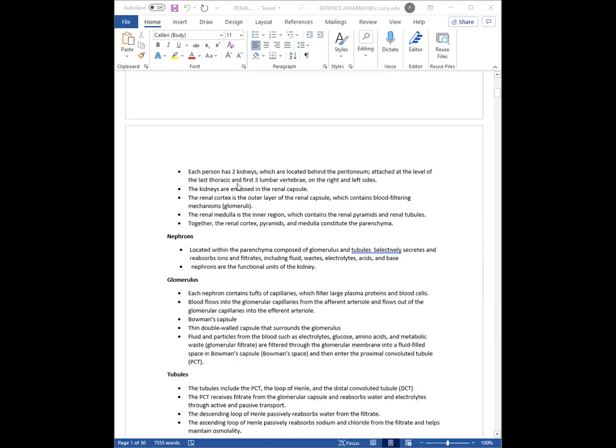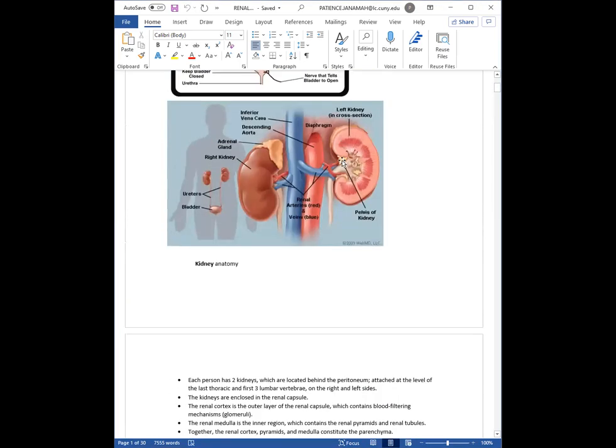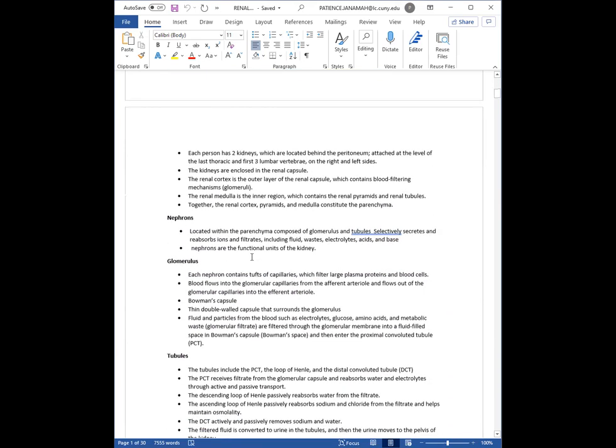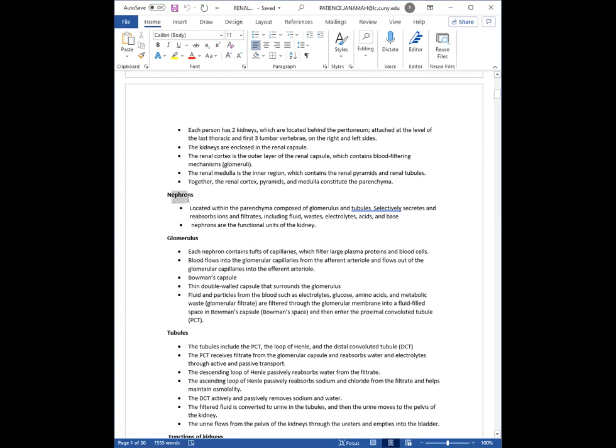Besides that, we have the anatomy. Each person has 2 kidneys, enclosed in the renal capsule. The renal cortex is the outer layer of the renal capsule, which contains blood filtering mechanisms, which is the glomerulus. You can see it when the diagram is minimized. In the other diagram, I know you guys had seen it before. We have the nephrons, which are the functional units of the kidneys.